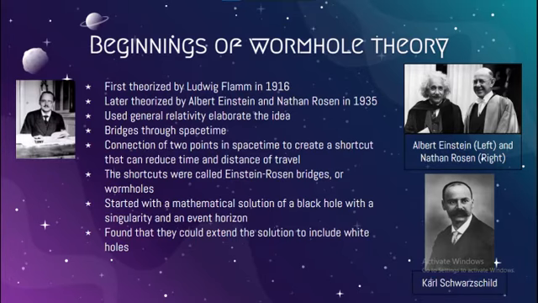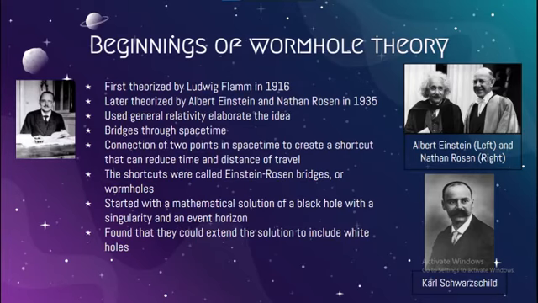Flamm looked at Schwarzschild's solution, which describes a particular type of black hole. When Flamm looked at the solution, he noticed that another solution was possible for a white hole. A white hole is the opposite of a black hole, meaning it ejects things instead of pulling things in. With these two solutions, he thought that mathematically there could be a space-time connection between the two.